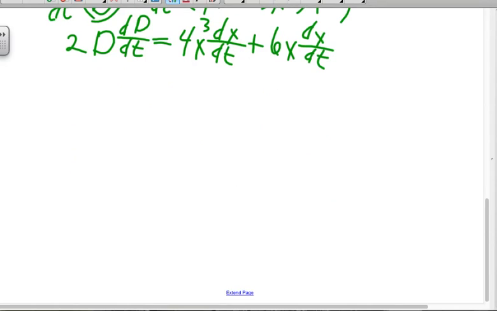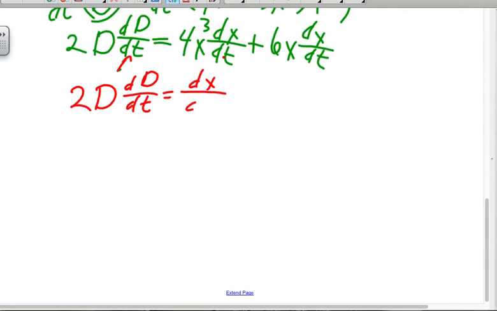And we are looking for, what was it we were looking for? The rate of change of distance. So this is what we're solving for. Okay, so before I do that, let's do 2D dD dt. I'm going to factor out my dx dt. So I've got dx dt times 4x cubed plus 6x.